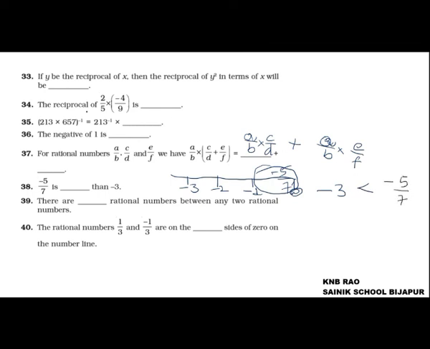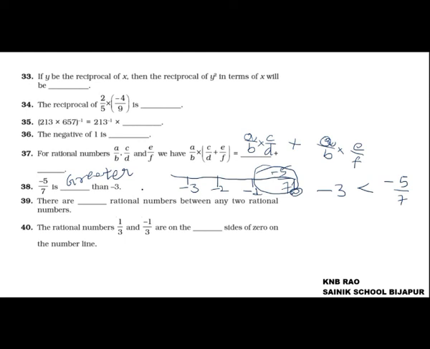So the right answer is minus 5 by 7 is greater than minus 3. You can also do it by bringing both the rational numbers to the same denominator, like the methods we learned. This is one sort of common sense with which we can think.